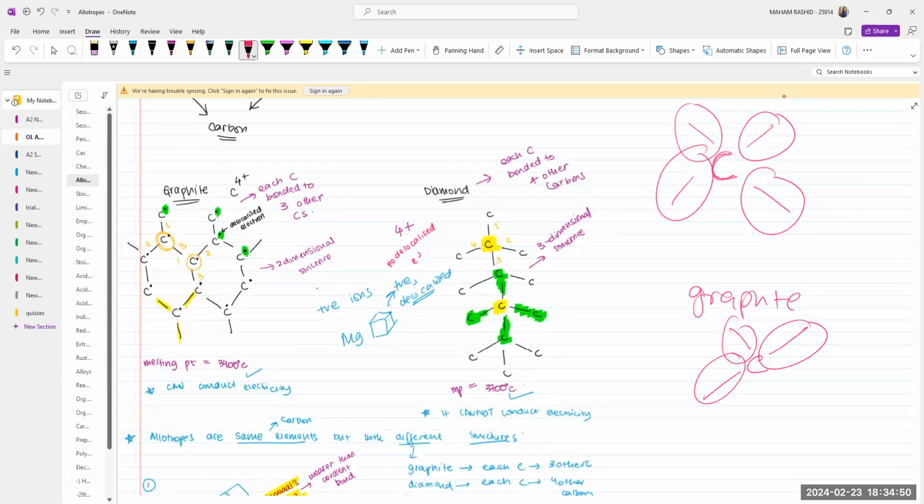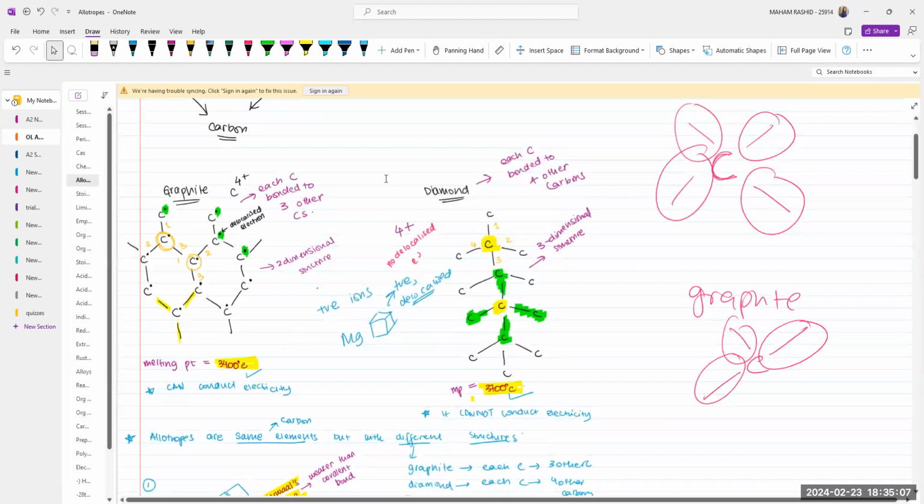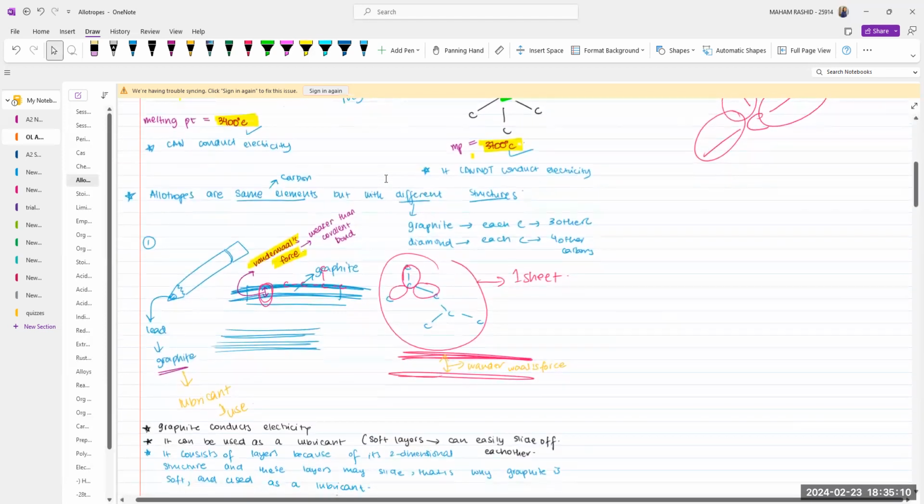So the greater number of bonds there is, the stronger the structure is. If you look at the melting point here as well, it is 3700 degrees Celsius, and here it is 3400 degrees Celsius.